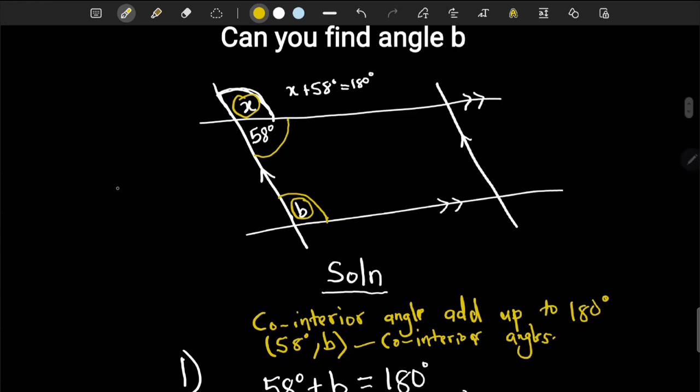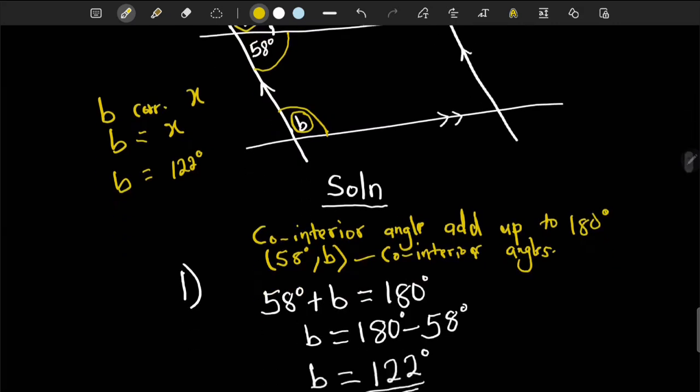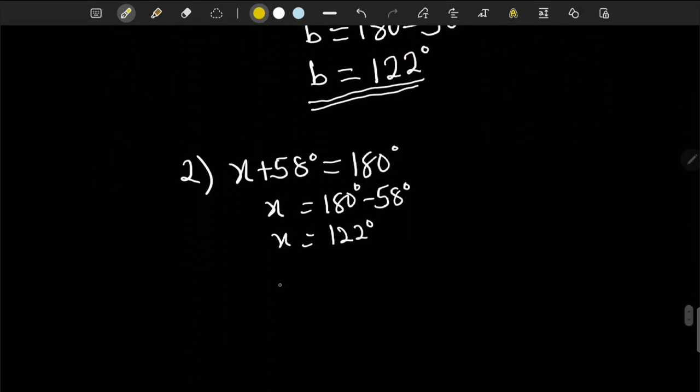So in this case, B is corresponding to X, right? This means that B is equal to X. So since we know the value of X, which is 122, that means B is equal to 122 degrees.